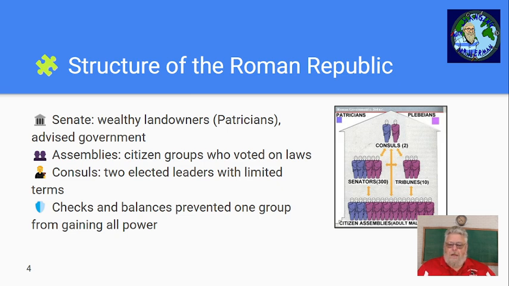There were also assemblies where regular citizens voted on laws. This whole setup is called a system of checks and balances. Each part had power, but also limits. Sound familiar? Yep, our government took a few ideas from these guys.